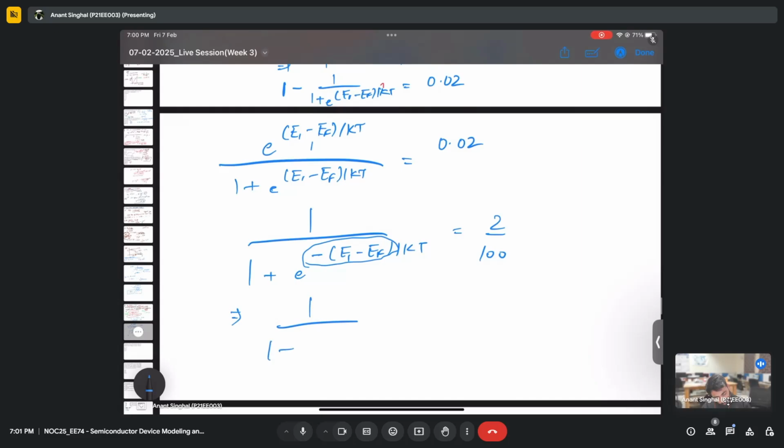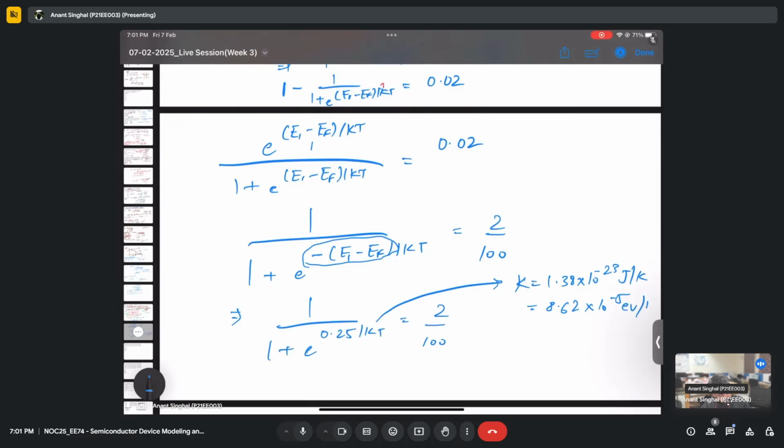So this is 1 upon 1 plus exponential of 0.25 by KT equals 2 by 100. And K, since this is in electron volts, we know the value in joule per Kelvin. The same in electron volts: if we divide it by 1.6 into 10 to the power minus 19, this is 8.62 into 10 to the power minus 5 electron volt per Kelvin. So if you divide joule by the charge, it converts into electron volt.